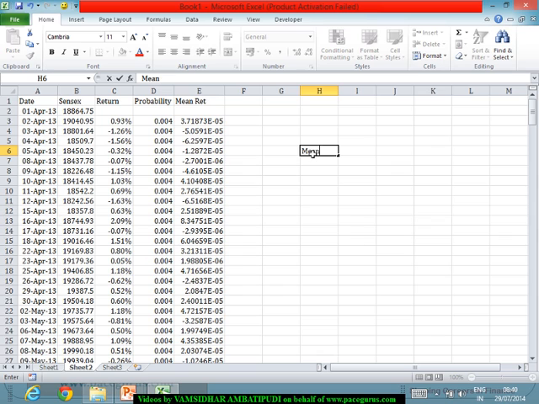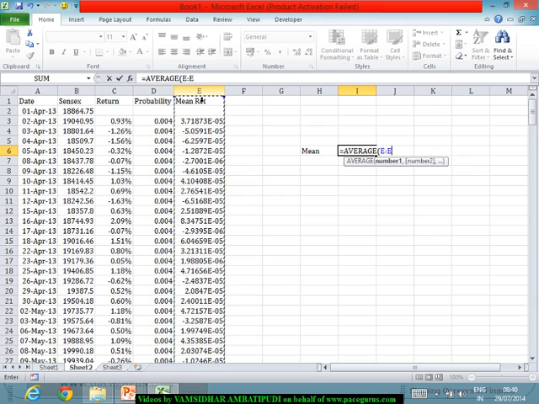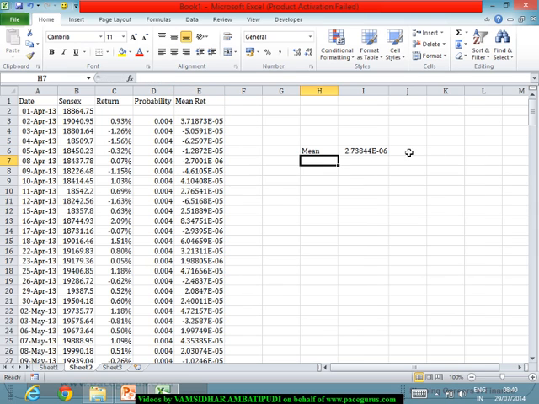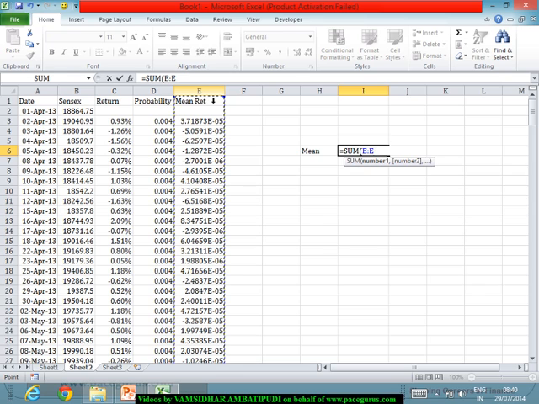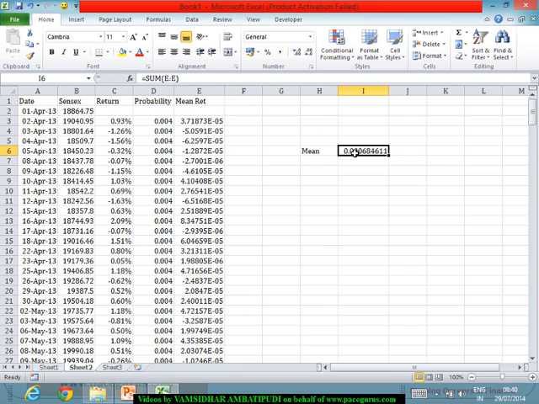If I wanted the mean return as a plain average, I would take the average of all these values, but I can't do the average here because I have already multiplied with the corresponding probability. So I am summing up, and this is the mean return. I am establishing it in percentage form, and it gives me that the mean return is around 0.07%.